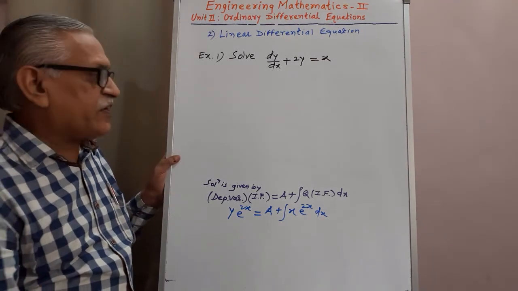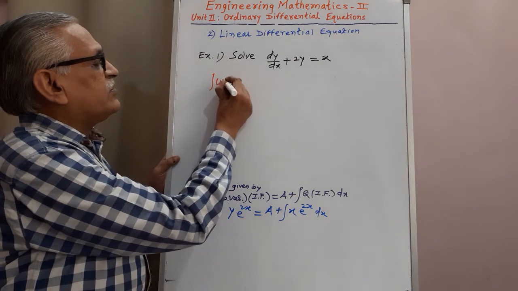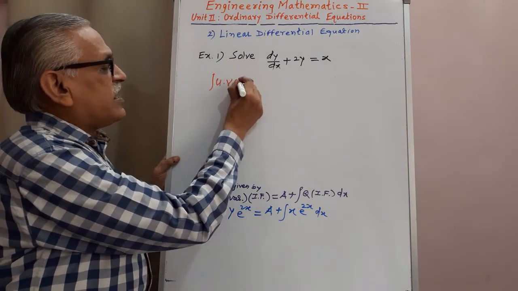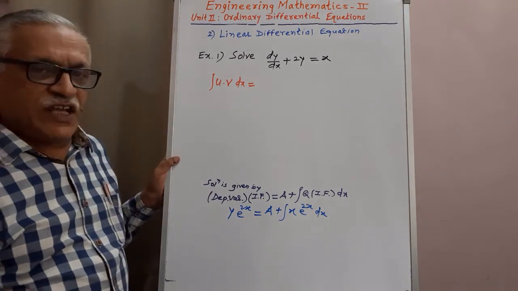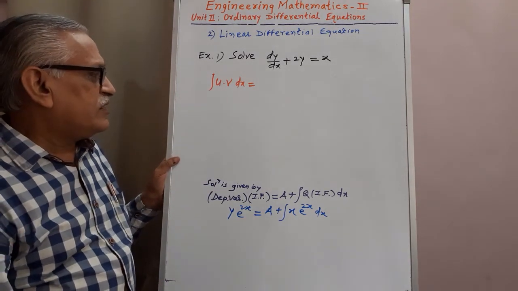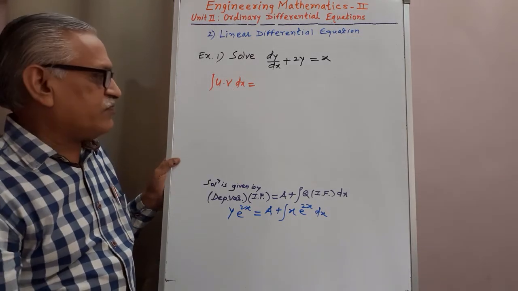It is a product of two terms of x, and to integrate it we have to apply integration by generalized parts, which I will explain here. u must be the first term and v the second term.